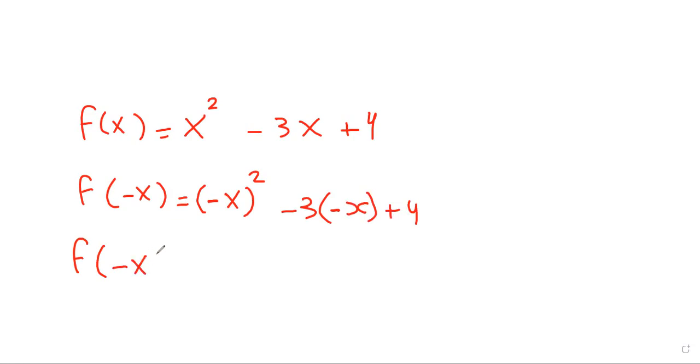Great. So f of negative x equals x squared, and negative times negative is positive, so plus 3x plus 4.